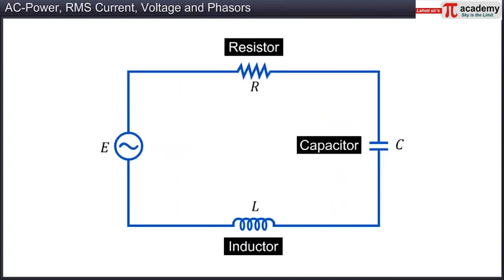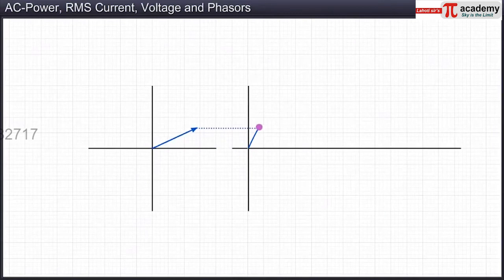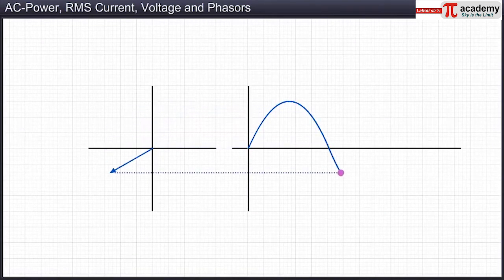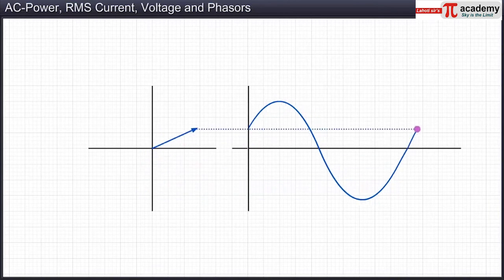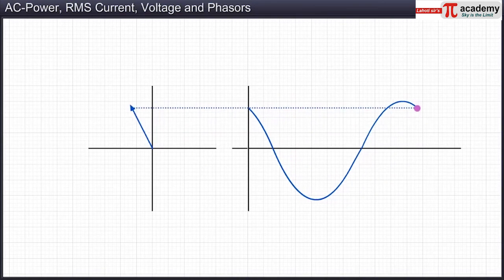Normally, circuits are made up of inductors, capacitors, and other elements. To study such complex circuits, where elements other than resistors are also present, computing values becomes an arduous task. Thus, we use the notation of phasors, which significantly simplifies the calculations involved in solving such complex circuits.